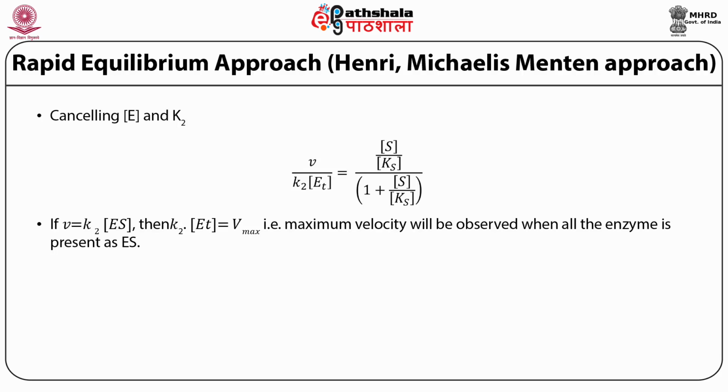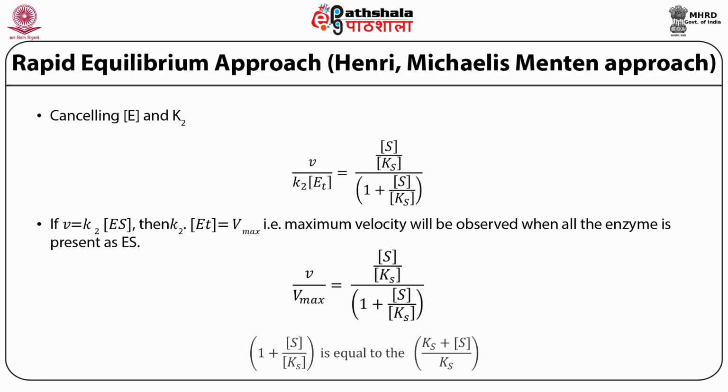When we replace the value of Vmax in the above equation, the equation becomes V upon Vmax is equal to substrate concentration divided by Ks divided by 1 plus substrate concentration upon Ks.